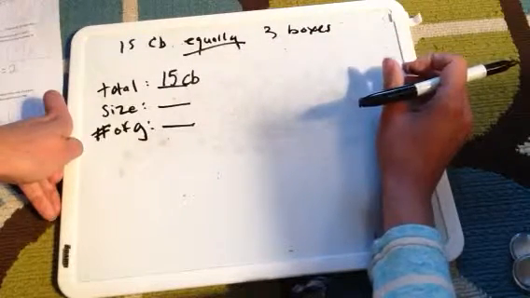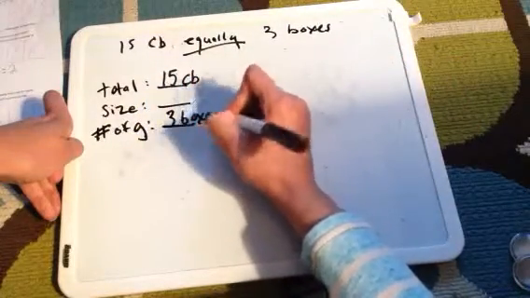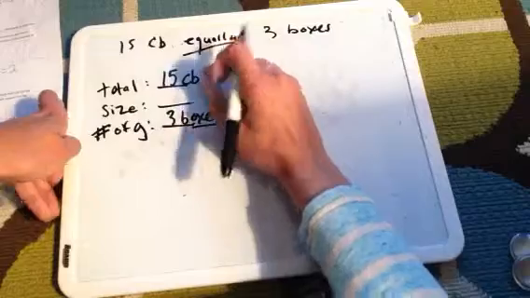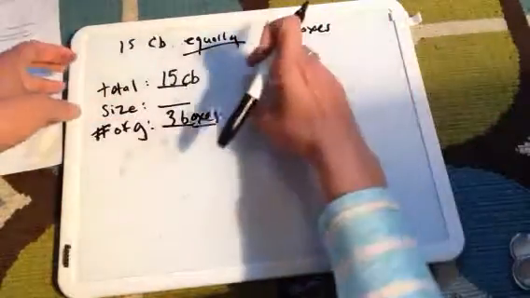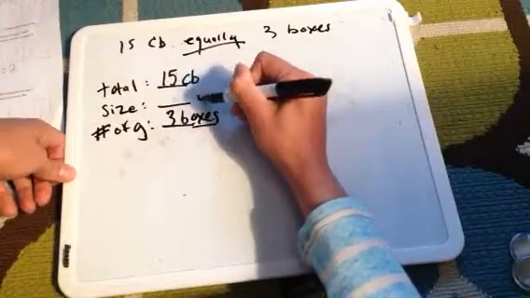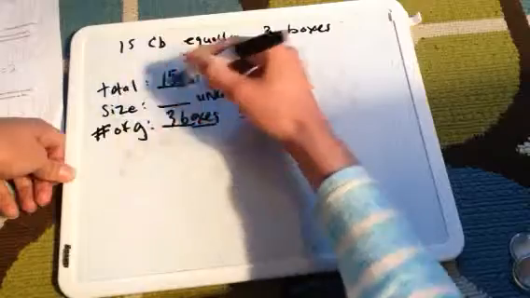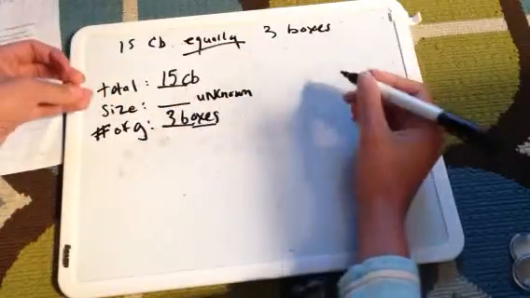And so I know that my number of groups is 3 boxes because the clipboards are being split up and we have 3 boxes. So my unknown right now is the size. How many are in each of the boxes?